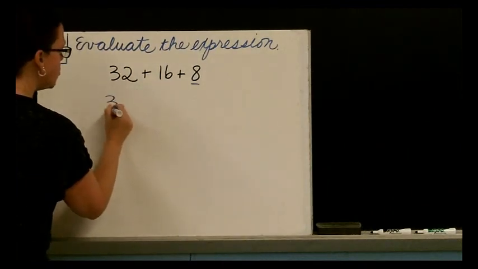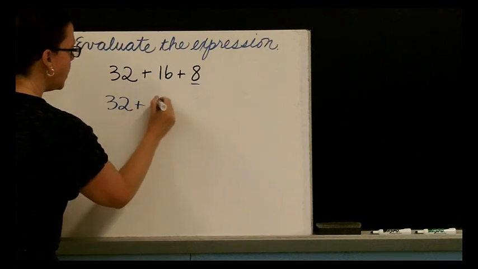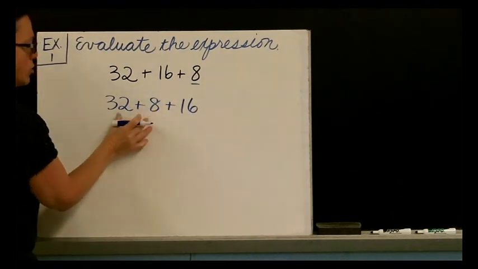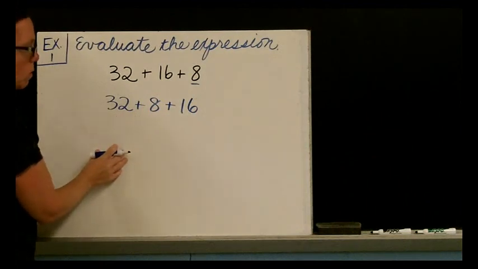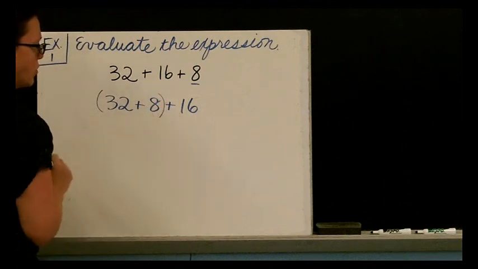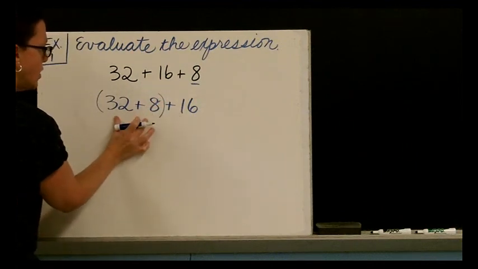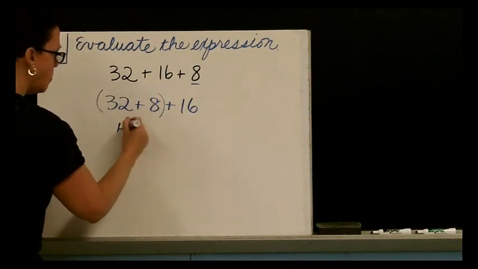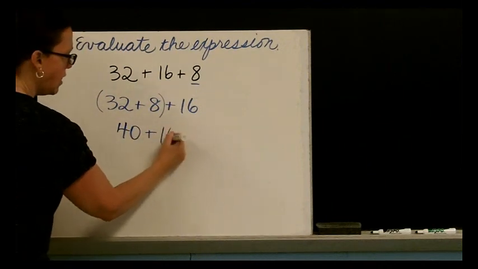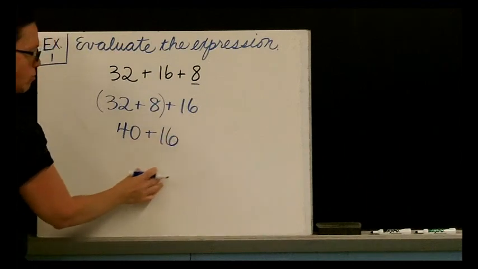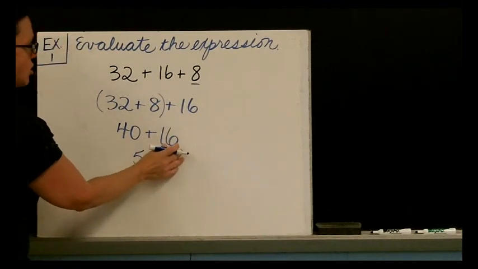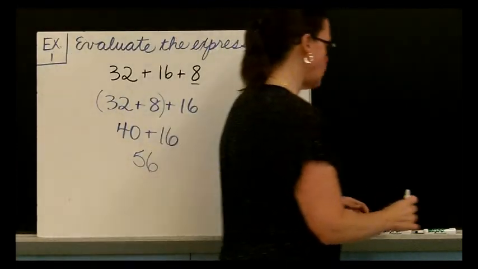And I'm going to use the commutative property of addition to move that 8 closer to the 32. Now what I'm going to do is apply the associative property by joining the 32 and the 8, because for me, that very easily makes a 40, and I like that. Then we bring down our positive 16, and the value of this expression is 56.